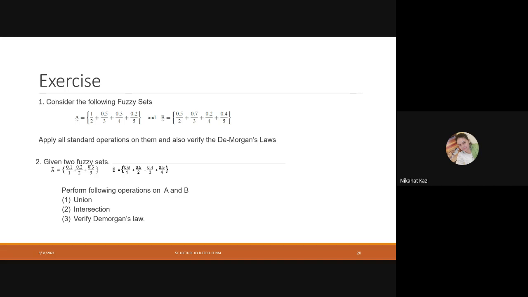Such problems could be asked for 2 marks in the exam, or as some kind of application. Is this clear? Union, intersection, De Morgan's, all these laws and properties, and operations are clear. Only thing you'll have to practice is on the set examples.